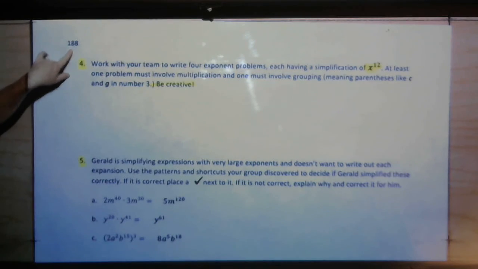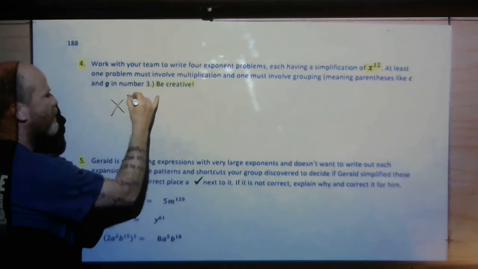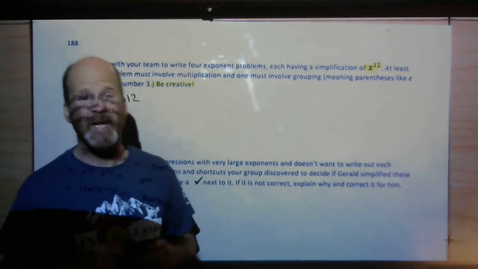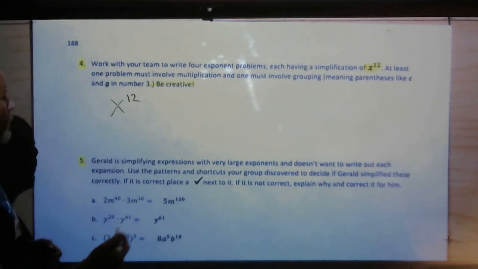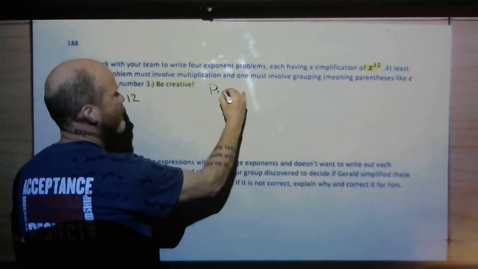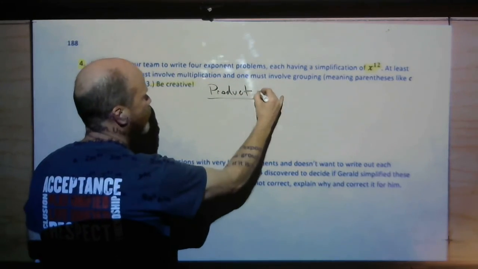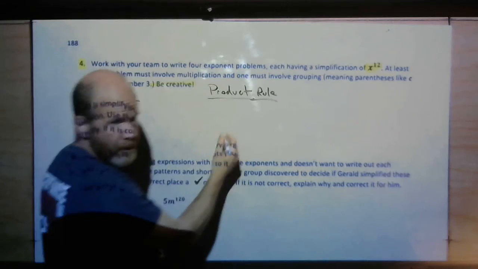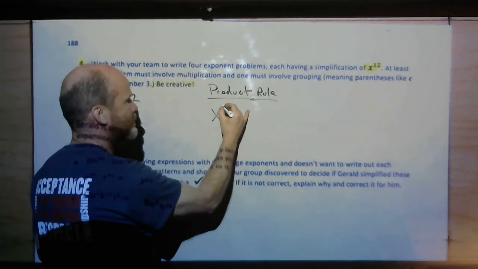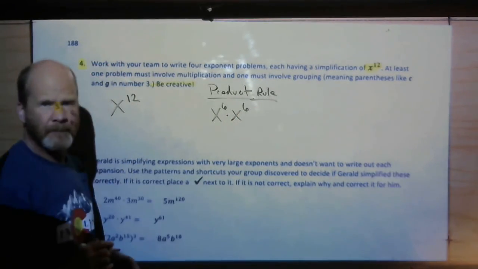Okay, so on page 188, number 4, we were to try and come up with different ways that we could play with the expression x to the 12th power. So one way that we could do it is let's just try with the product rule. If we use the product rule, and I'm just looking at my time here, we have about a minute, I could do x to the 6th times x to the 6th.